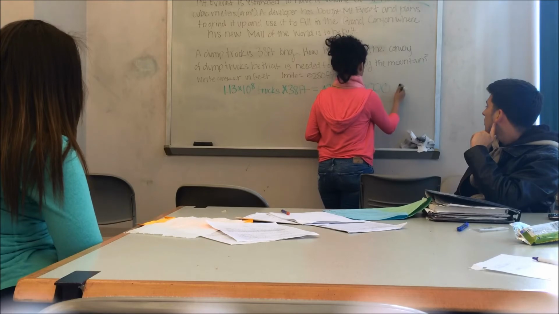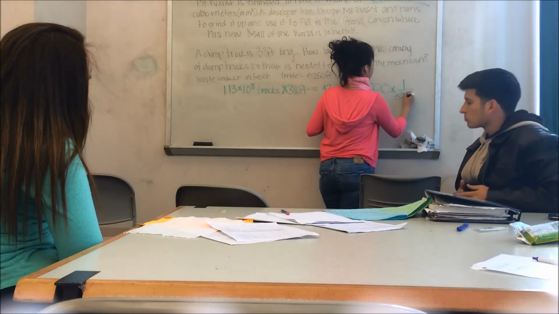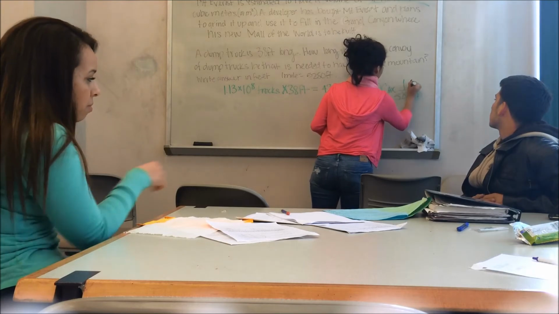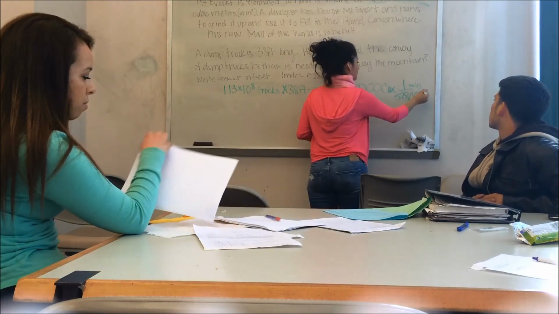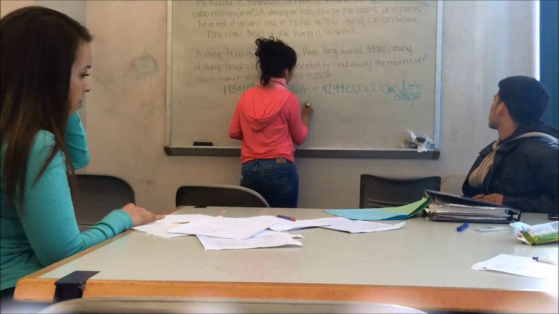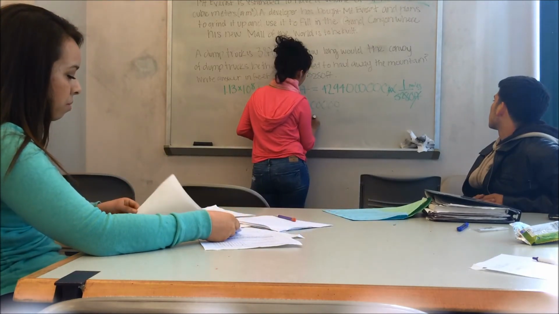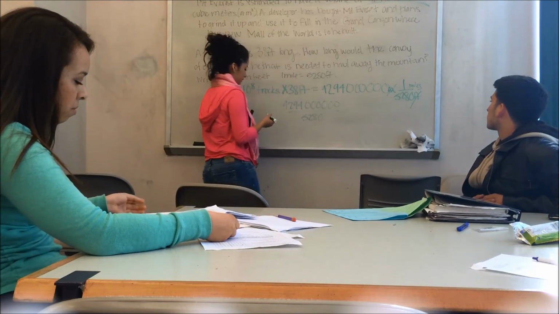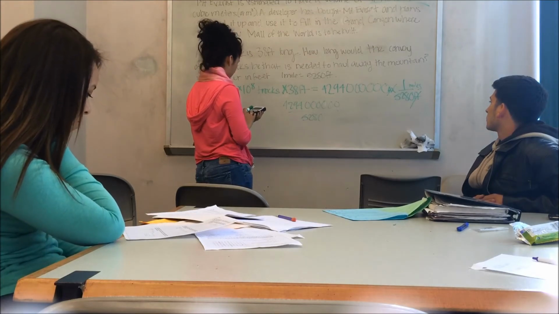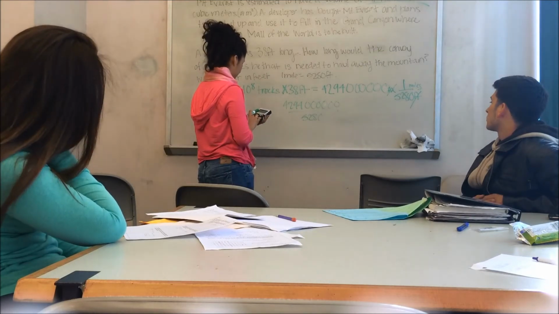Okay, so now I need to convert, which is in 1 mile there is 5,280 feet. So yeah, this would be feet. This would be miles. So then the feet would cancel out, and I would be left with 4,294,000,000 over 5,280, and my answer would be 4,294 divided by 5,280.